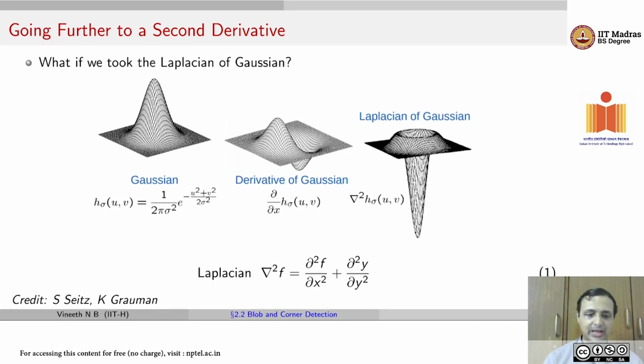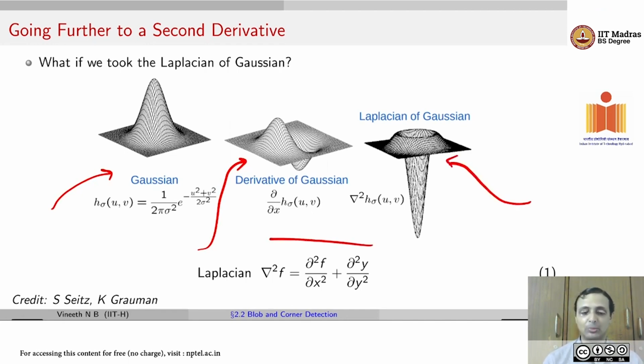Once again, just to recap, this is your Gaussian, this is your derivative of the Gaussian, and this is your Laplacian of your Gaussian, where the Laplacian we defined as grad square f is equal to dou square f by dou x square plus dou square f by dou y square.